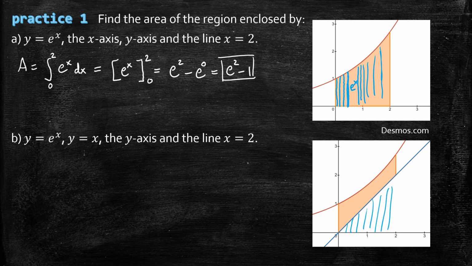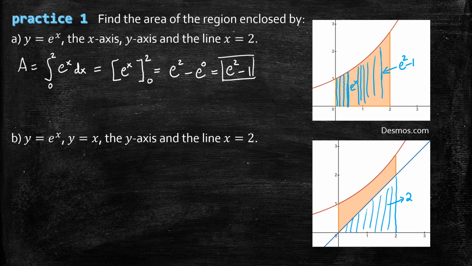I'm looking at this, and this is a triangle, half base times height, half 2 times 2 should just be 2 square units. And we know that this area up here is e squared minus 1 in total. So I'm predicting that we would just take e squared minus 1 and subtract out that 2, predicting that e squared minus 3 will be the answer. Let's see how it goes.